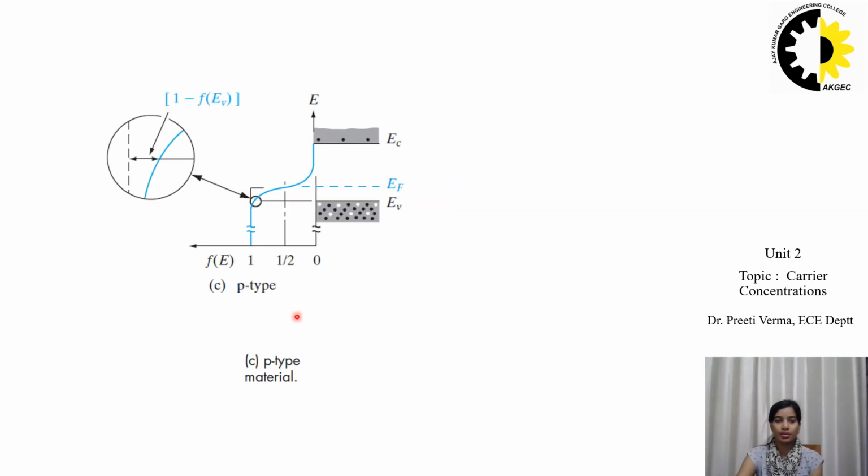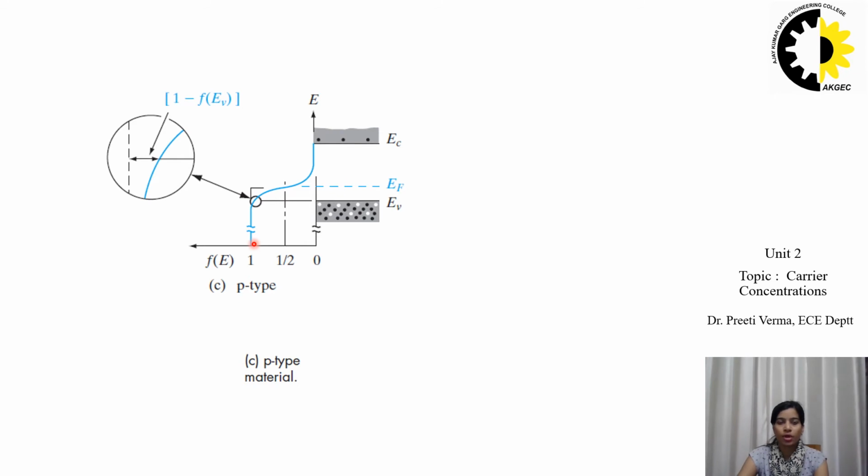This is the Fermi-Dirac distribution function for a p-type material. In this you can see the energy band level for the valence band, and this Ec is for the conduction band energy level. The graph drawn in blue color represents the distribution of the probability function.